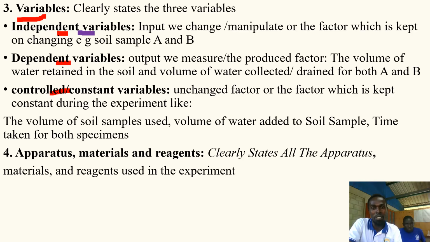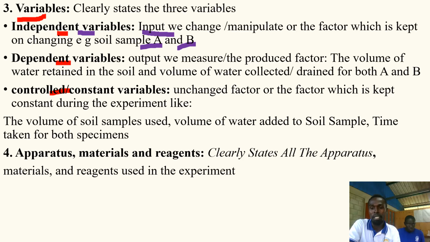We cannot alter anything here. And basically they are inputs. Yes, we can manipulate, but they are independent. For example, we are talking about soil sample A, soil sample B. You cannot manipulate and say, I will bring soil sample 2.